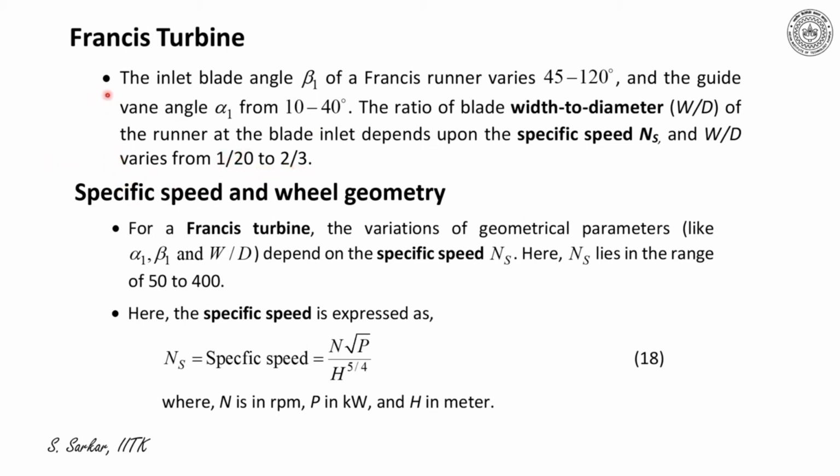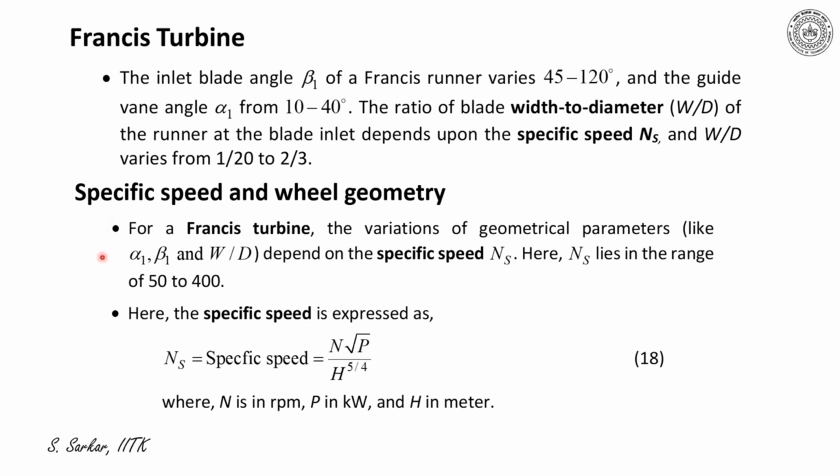So from this expression, one can appreciate there is a wide variation of beta 1 and W by D, and this depends on specific speed. Therefore, the specific speed and wheel geometry must be correlated, and this correlation I'll express now.